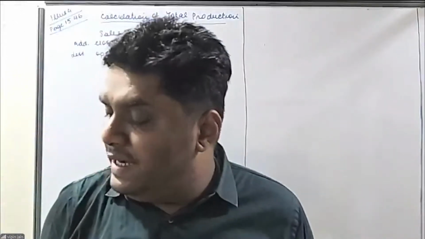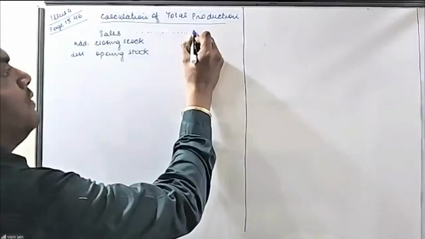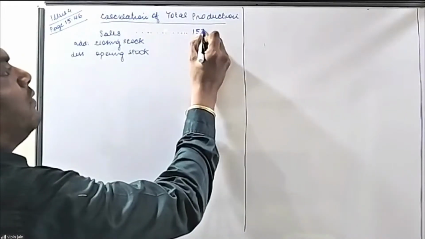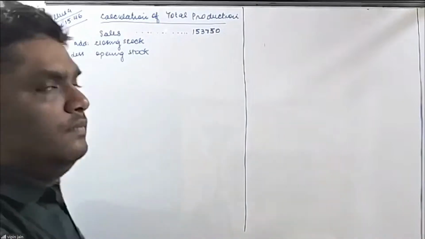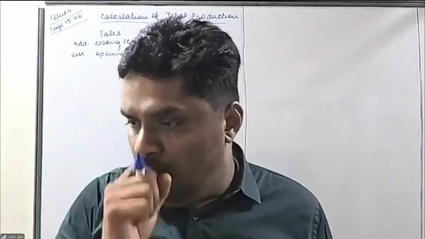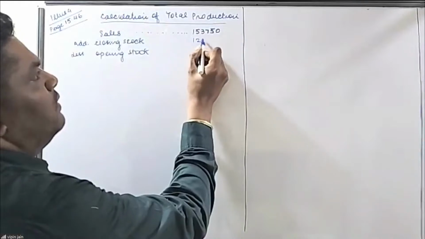Total sales I've already calculated, that is 1,53,750. Closing stock is 12,250.